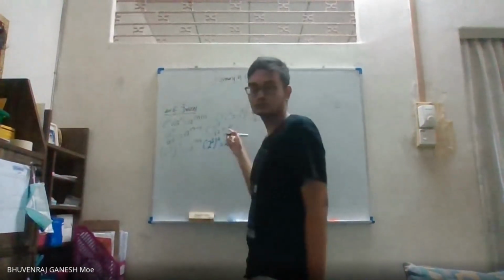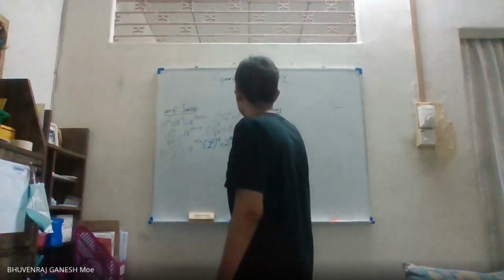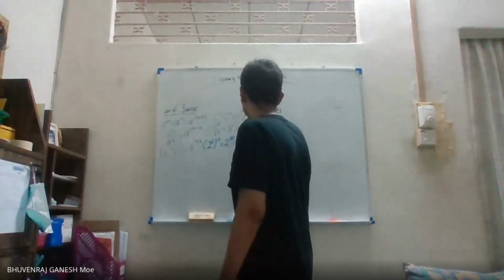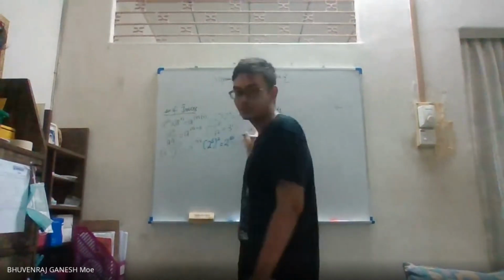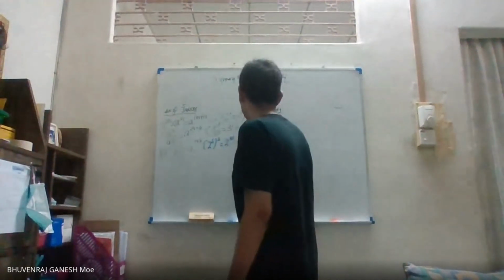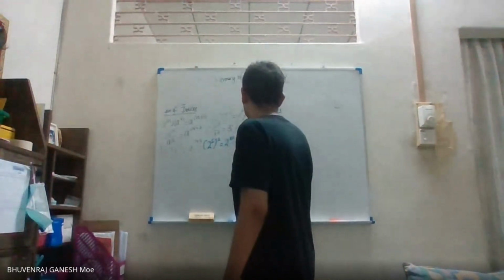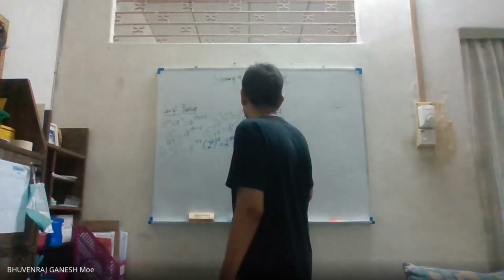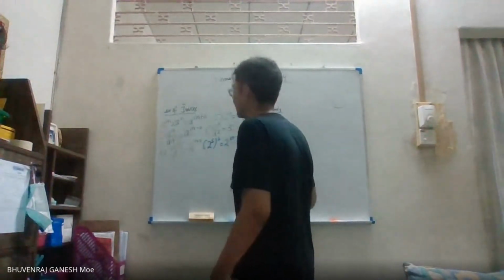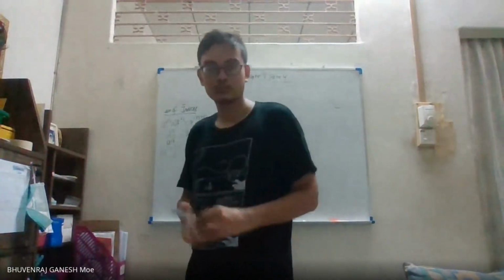So it's A power half times A power half. You get A power 1, based on the law. So A power half plus half is equal to A power 1. So half plus half is actually 1 also. A power 1 equals A power 1. So it's proven, the law of surd.